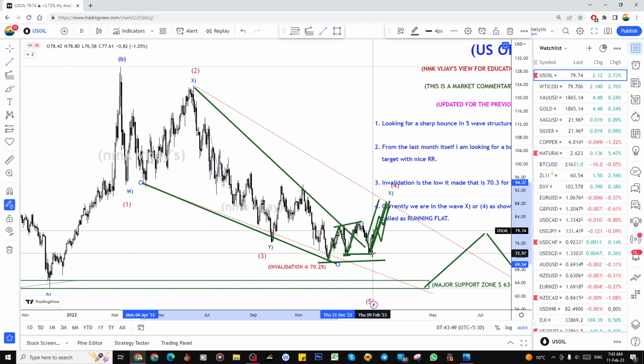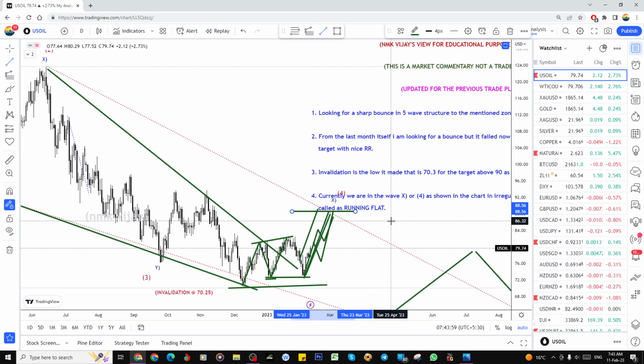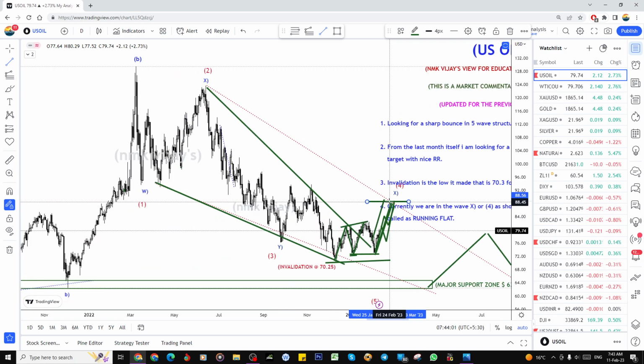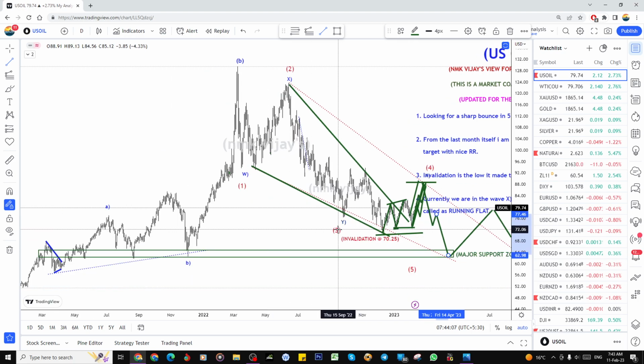But we need to be on the buy side for this one, at least for the smaller target. So if it reaches the 90 zone, we need to look for that and exit our positions, because it can do like this also, aggressively. Then we will mark this as a 3 and this is the 4, and we are on the 5th wave.